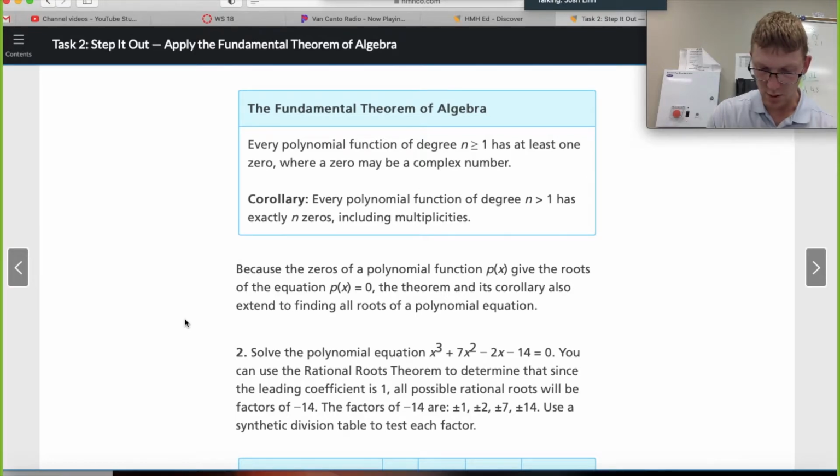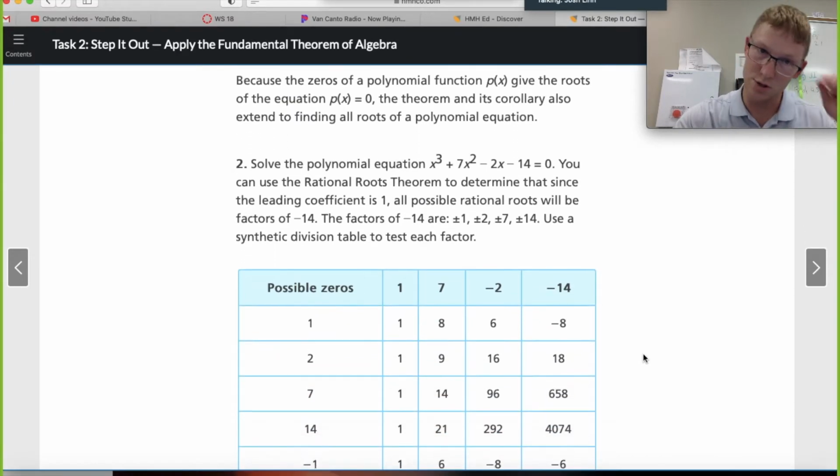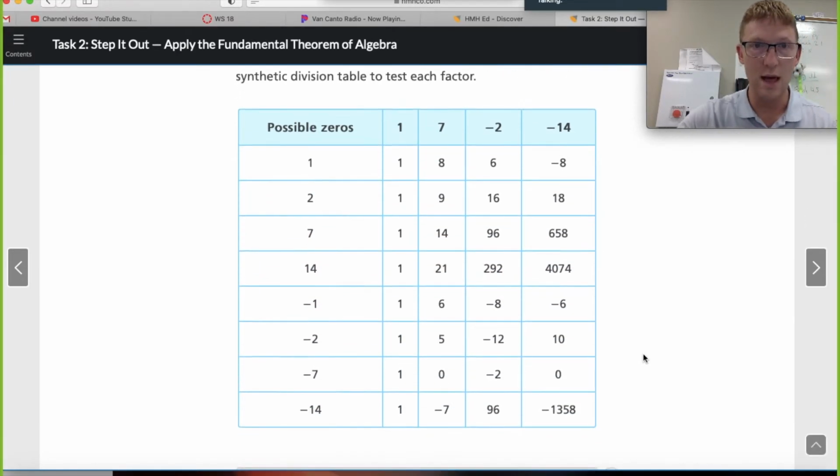You've got your coefficients, 1, 7, -2, -14, and you're going to synthetic division the heck out of this, right? So you're going to start with 1, 2, 7, 14, -1, -2, -7, -14. So they have conveniently already done all that for us. So here's their chart. They did every single factor.